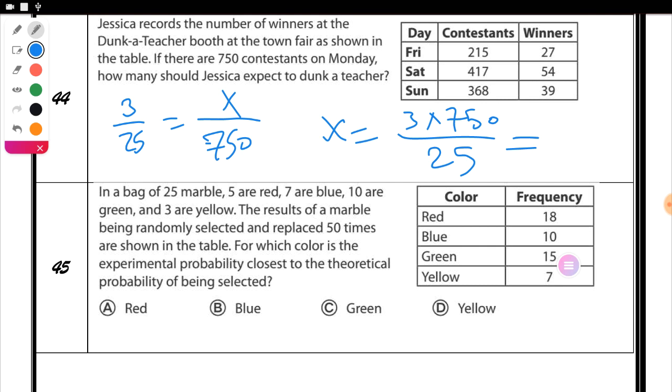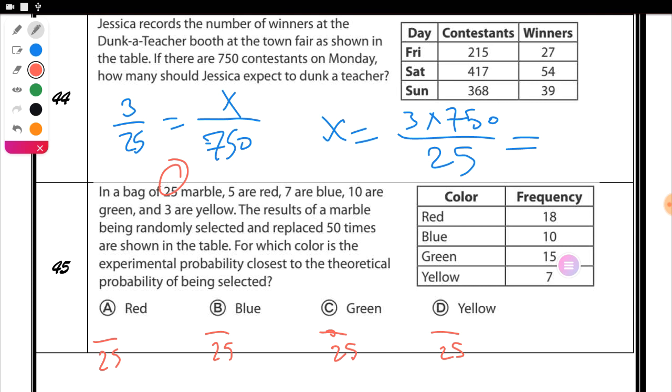Last of this page: in a bag of 25 marbles, the total number is 25, so the denominator is supposed to be 25. Let's calculate the probability of each one.